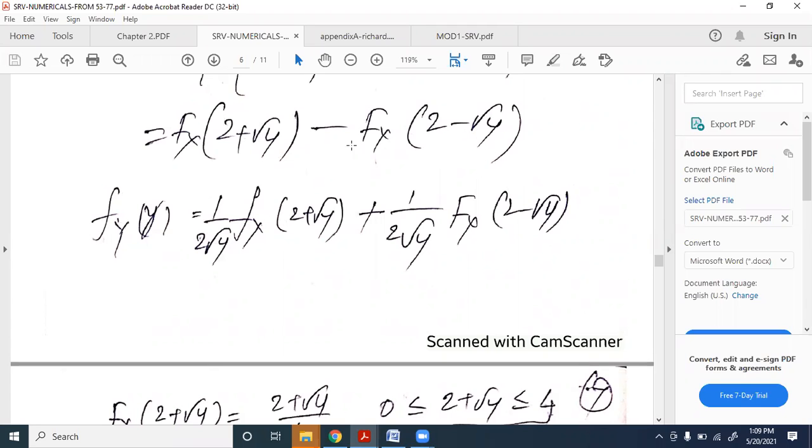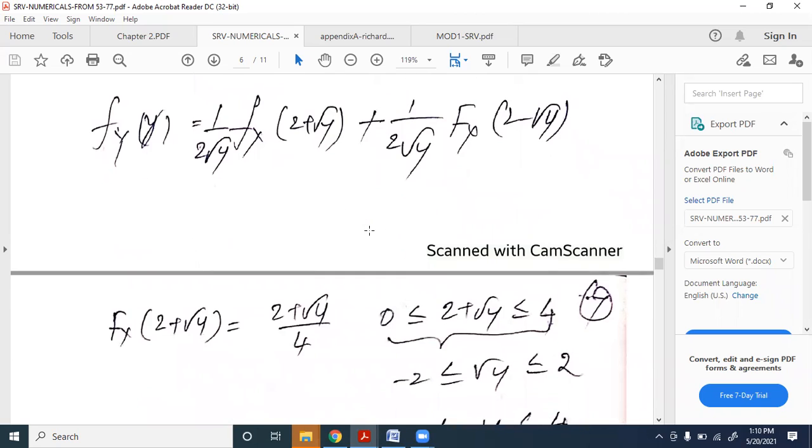Similarly, for the second term, the internal derivative will be minus 1 by 2 root y. Minus and minus will cancel, therefore that will become plus. So we can take that out and join these two, and we will get 1 by root y, and in the bracket, fx(2 plus root y) plus fx(2 minus root y).